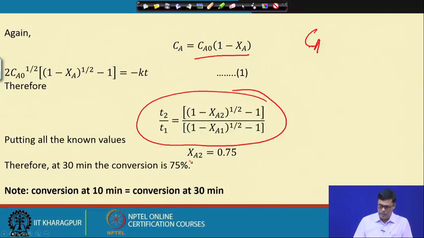Now if we put this value of Xa2 as 0.75, then after 30 minutes conversion is 75%. Previously we have seen in the problem that the initial conversion was also 75%, and I can go back.